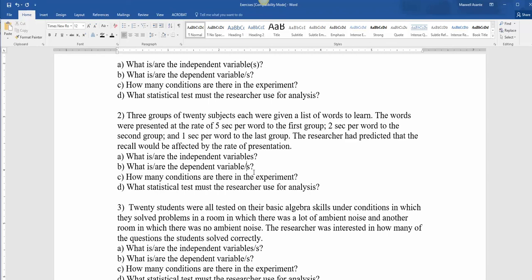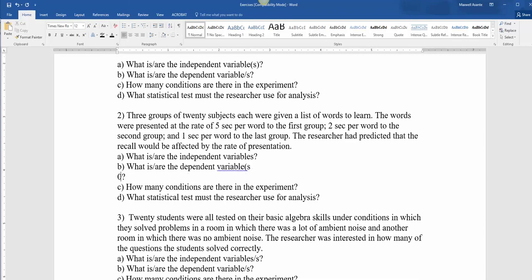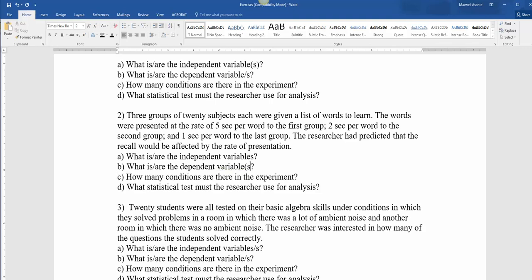The second question is, what is or are the dependent variable or variables?